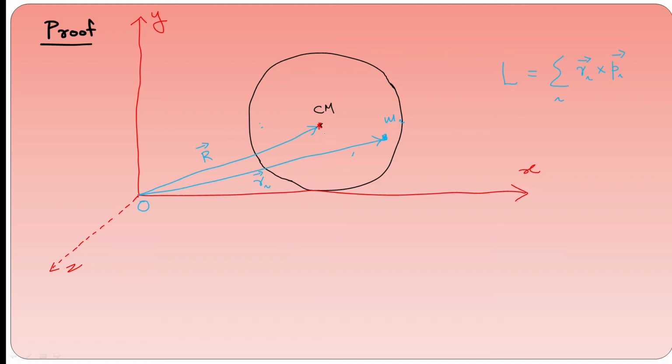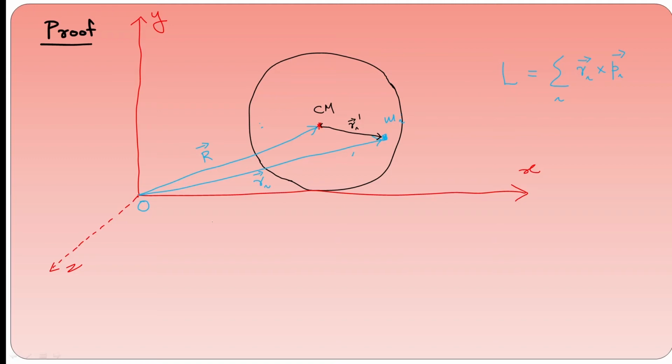Now look at the center of mass. This mass is Mi. Consider a coordinate system with the center of mass as origin. The position vector of this mass Mi will be Ri prime, or Ri dash.